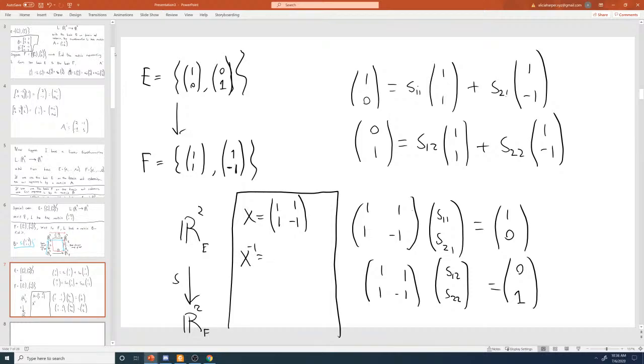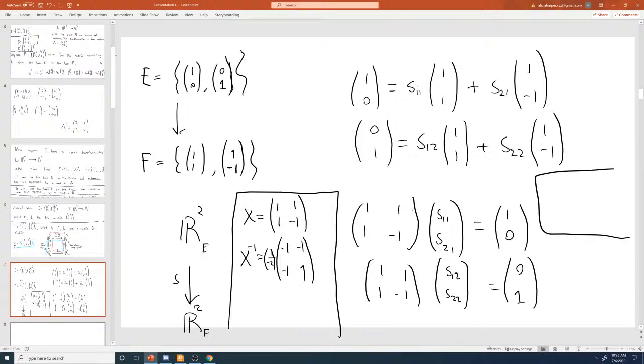X inverse here is going to be the matrix. Let's see. Actually, I just interchange these, this and this, and I flip the signs of these. And then I believe I have to divide by the determinant, which is, in this case, negative 2. So I put a 1 over negative 2 on the outside. Let me just check if this works.